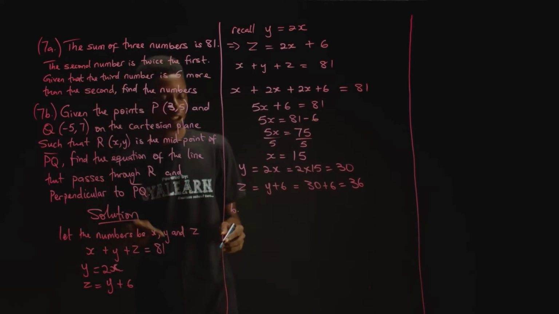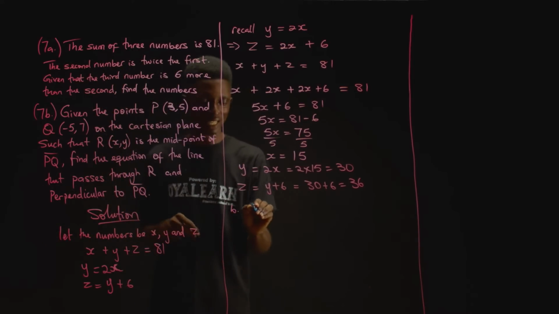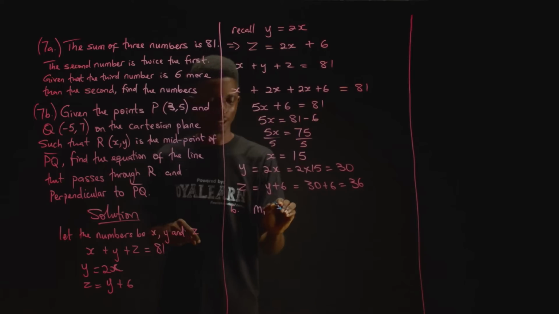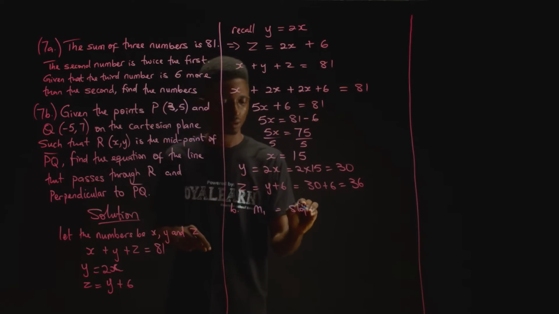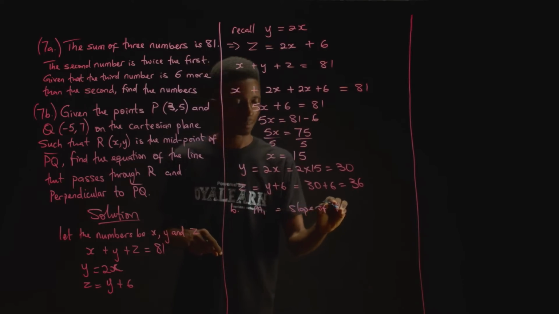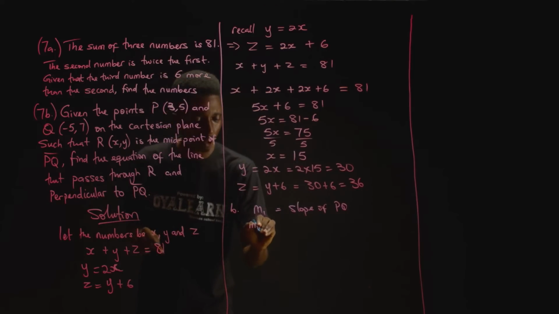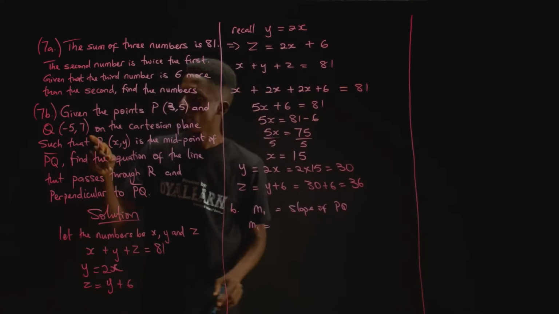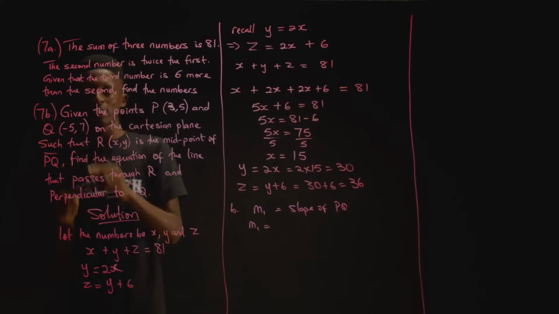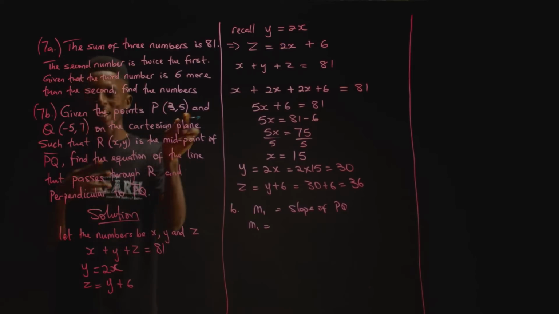So the original line, the slope of PQ, let's write that as M1. Now remember, this is the slope of PQ, right? If you look at these two coordinates that we are given, these are in x and y.